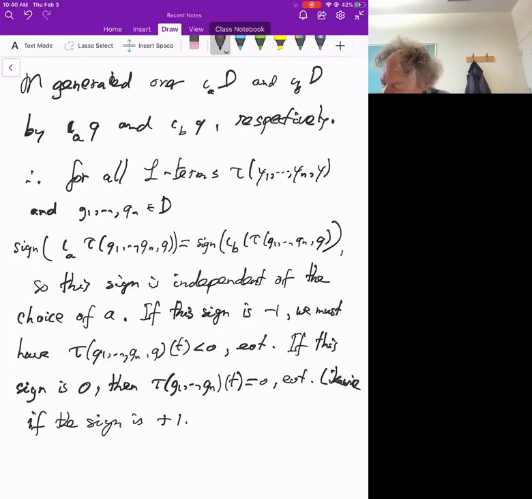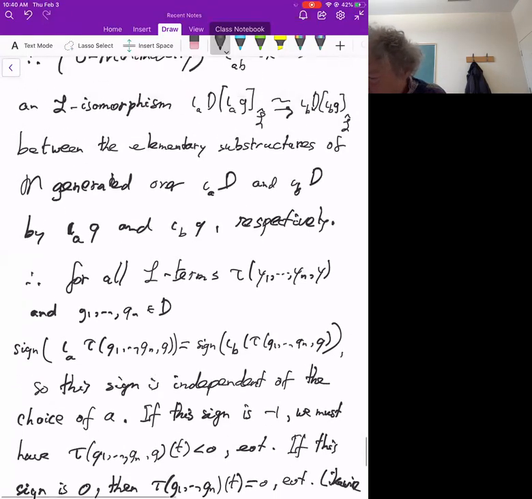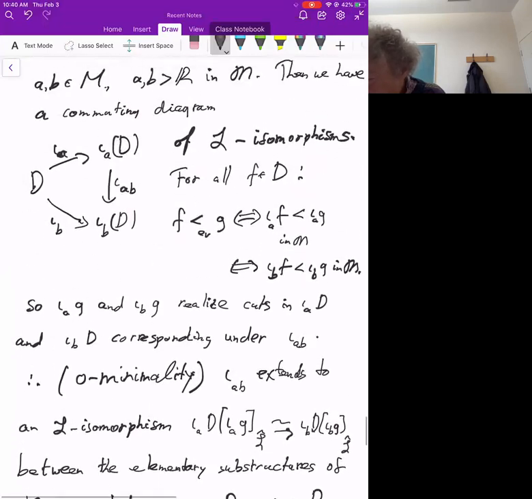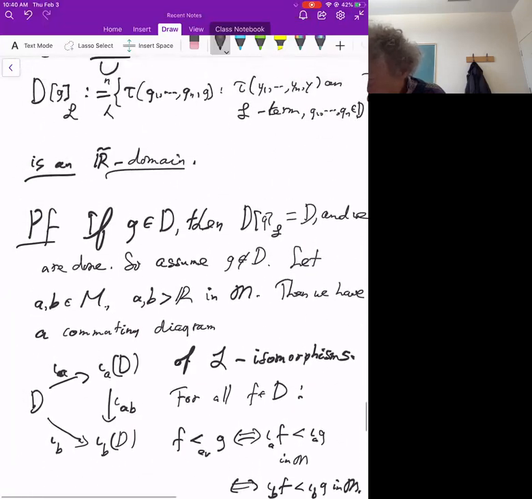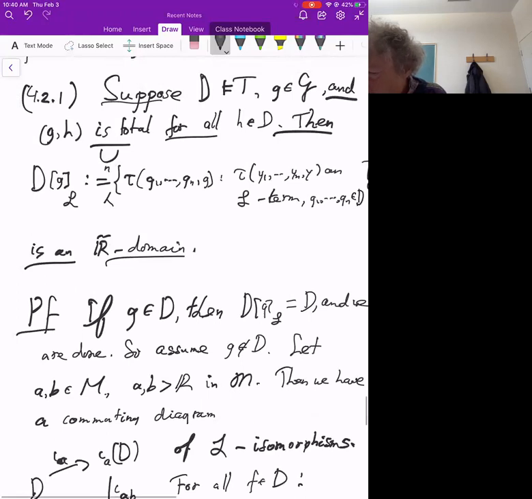So this is really the argument that, let me see, where are we in the proof? Yeah, this is the proof that it's an R tilde domain.